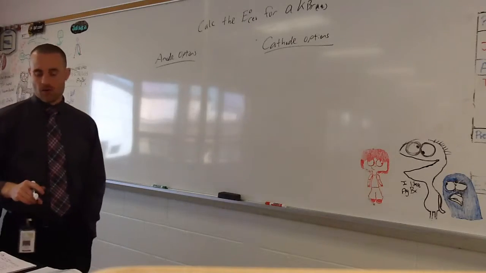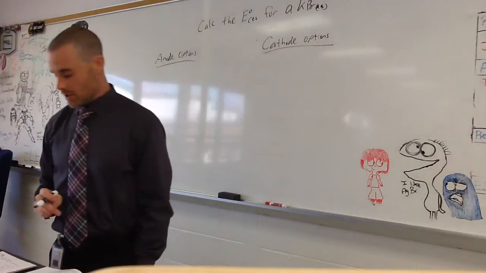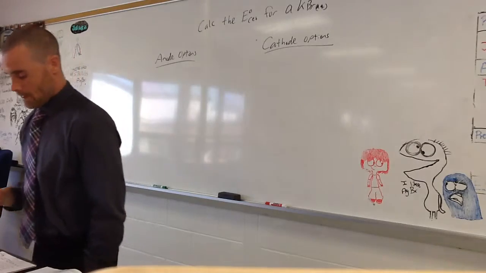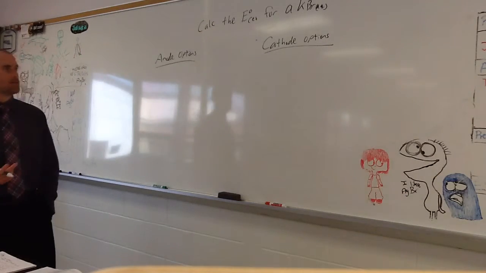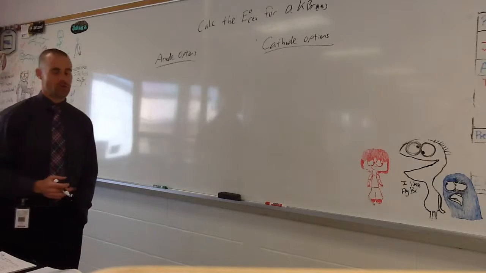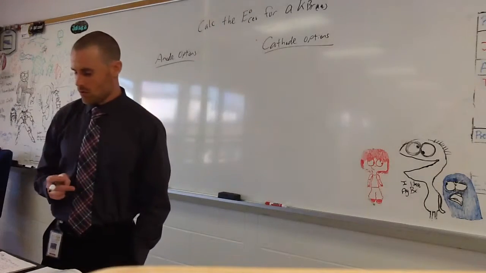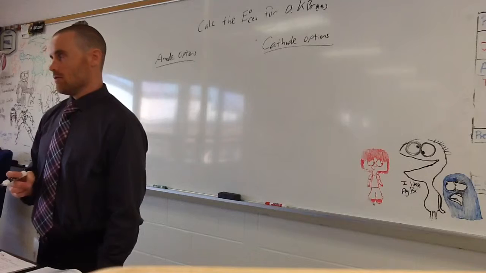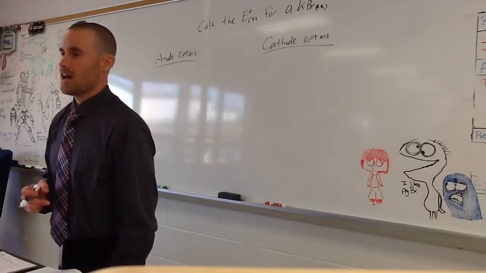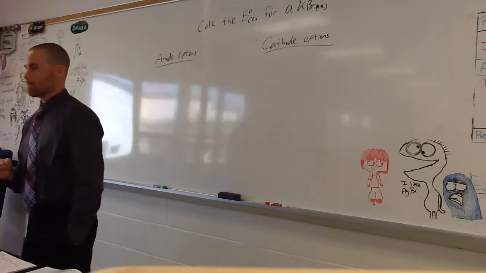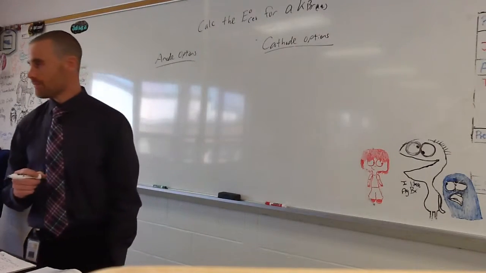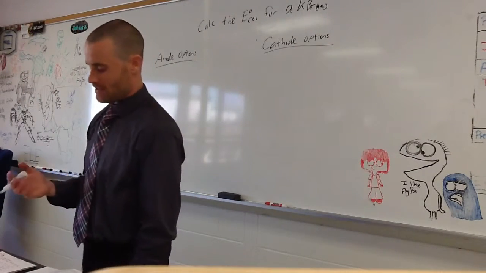All right, so let's think about what's happening here. You've got KBr dissolved in water, so you have K pluses, Br minuses floating around. K plus, is that a cation or anion? Good, cation. Br minus is an anion.